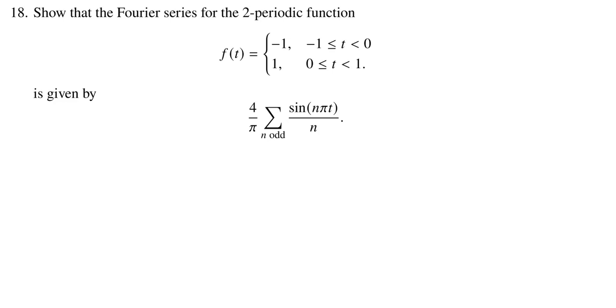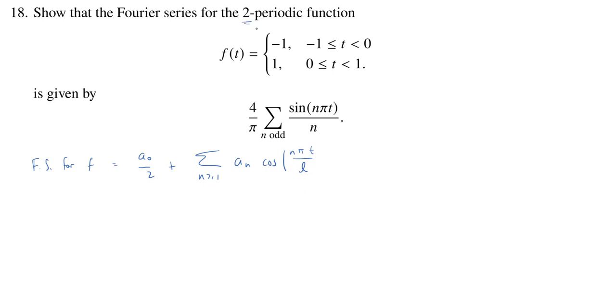So in order to compute the Fourier series of this two-periodic function, which is defined between -1 and 1, we're going to be using our Fourier series formula. Our Fourier series for f is going to be given by a naught over 2 plus a sum starting from 1 of a sub n cosine of, well, it's usually n pi t over L, where L is the half period.